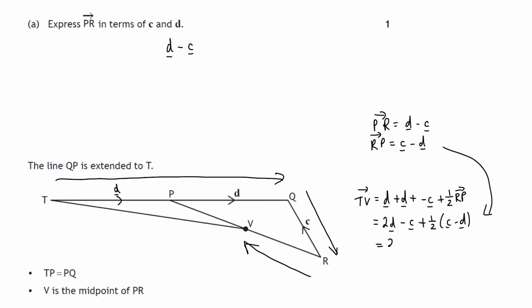And then we just have to multiply this bracket. So half of C minus a half of D. And that equals, so 2D minus a half D would be 3 halves D, negative 1C plus a half C would be negative a half C. Okay, so that would be your resultant vector.